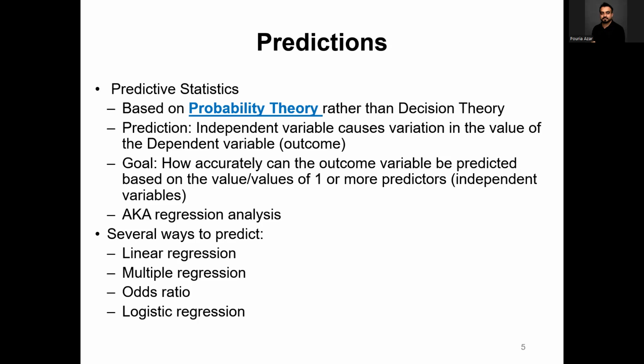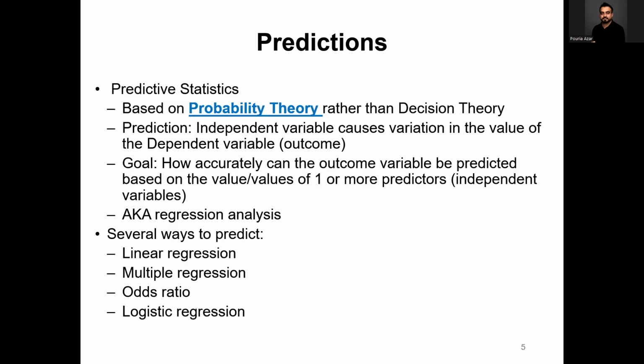As I said, in this module, we will learn about simple linear regression and multiple linear regression. In simple linear regression, we have only one independent variable and one dependent variable, or one predictor and one outcome.